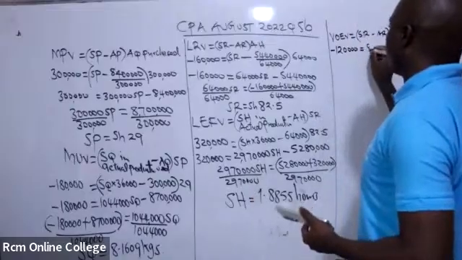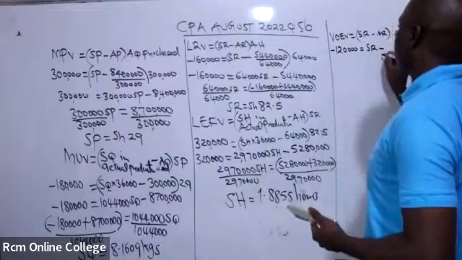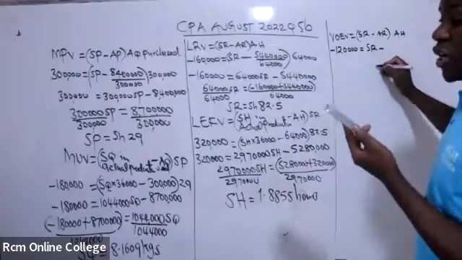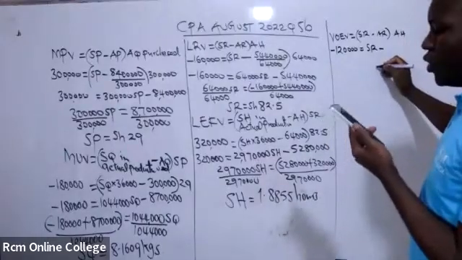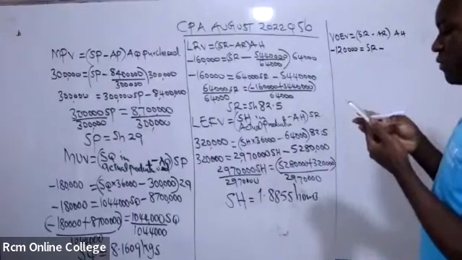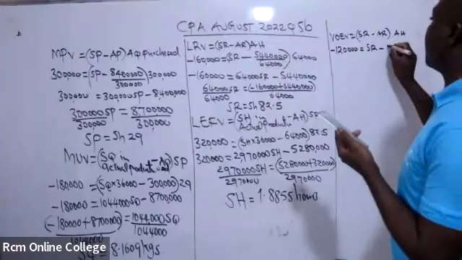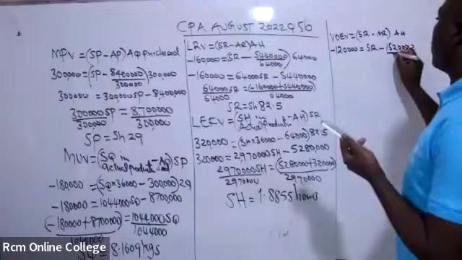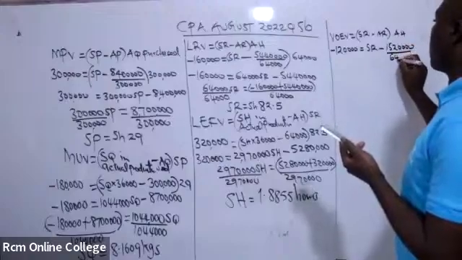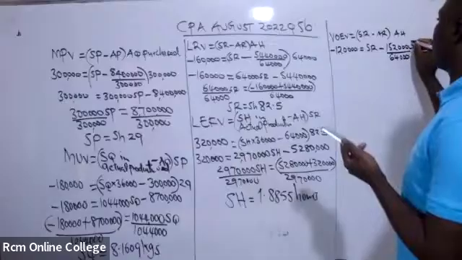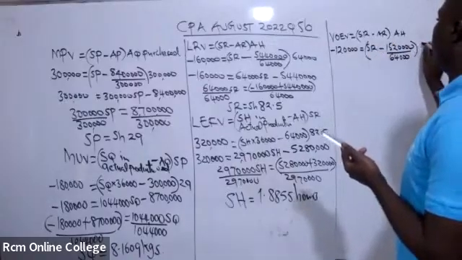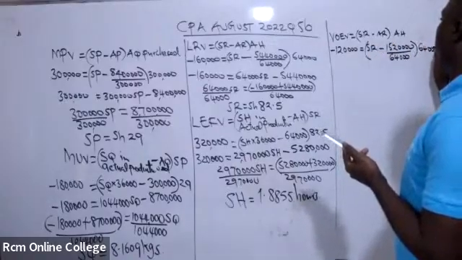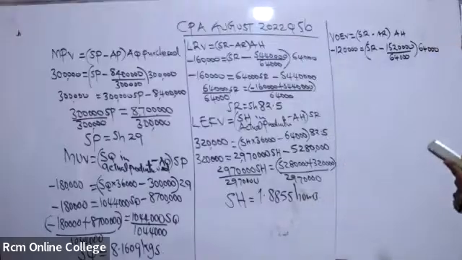Do we have standard rate? No, we do not have it. Minus actual rate. Do we have actual rate? We can get that. So we go to the actual variable production overheads of 1520, we divide by actual hours of 64,000, and multiply by 64,000.